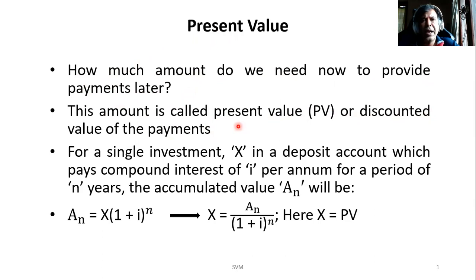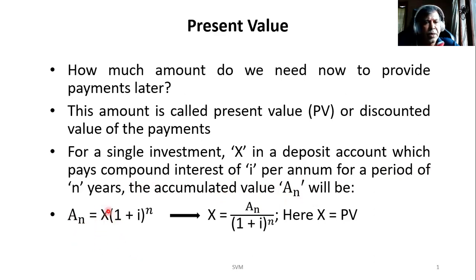Depending on the rate of interest prevailing in the market, I will calculate that. So for a single investment capital X in a deposit account, which pays a compound interest of i per annum for a period of n years, the accumulated value, which we had already seen in the compound interest topic, or the future value, capital A suffix n, will be equal to x times (1 plus i) to the power of n.